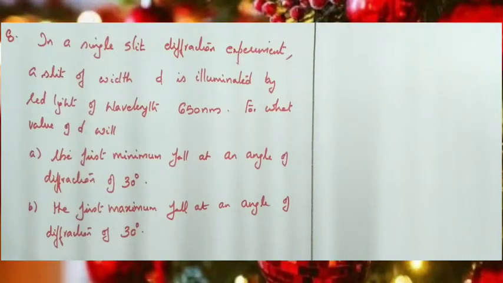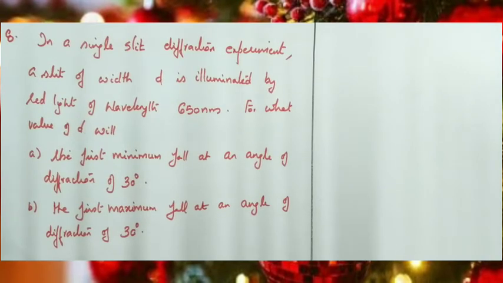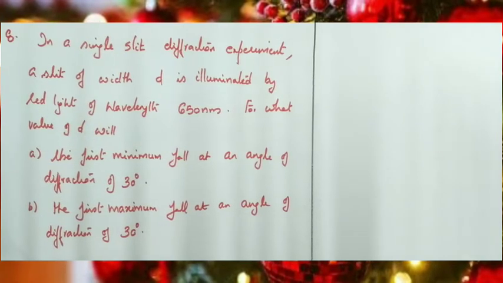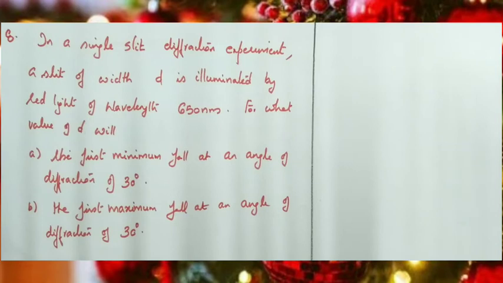We move on to 8th question. In a single slit diffraction experiment, a slit of width d is illuminated by a light of wavelength 650 nanometer. For what value of d will the first minimum fall at an angle of diffraction 30 degree, the first maximum fall at an angle of diffraction 30 degree.